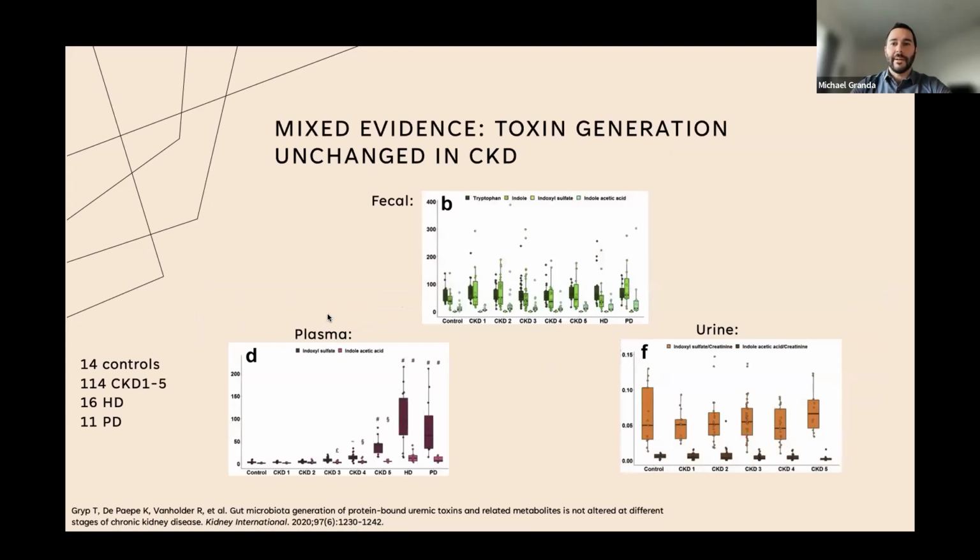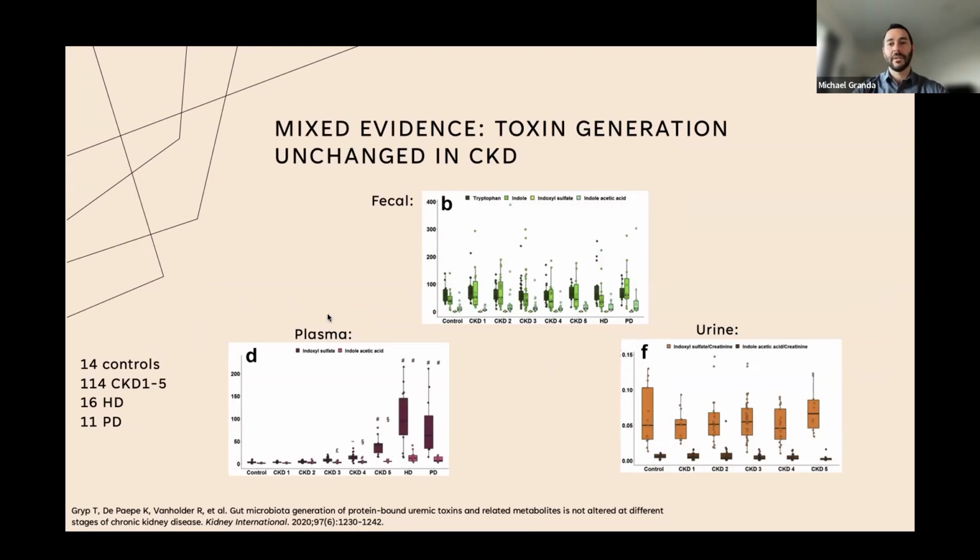So interestingly, while CKD can select for certain bacterial populations, the actual importance on the levels in blood is unclear. The gut flora populations haven't been conclusively linked to the higher levels seen in CKD patients. In particular, in this 2020 study, they did note that plasma levels increased across severity of CKD.